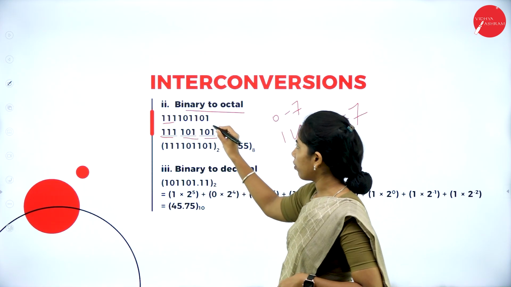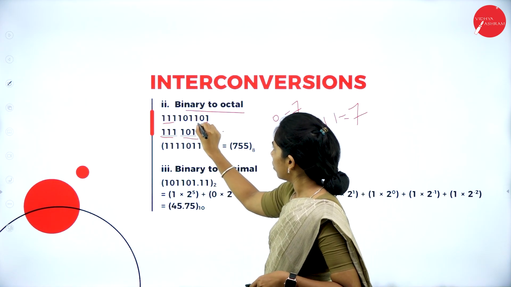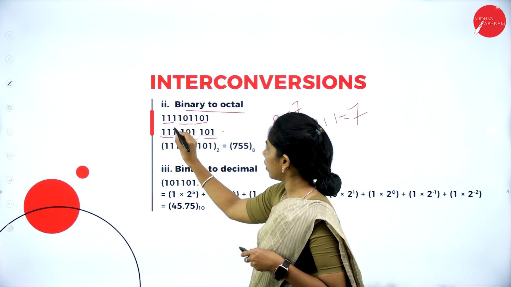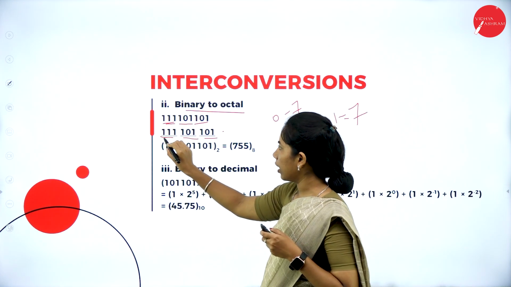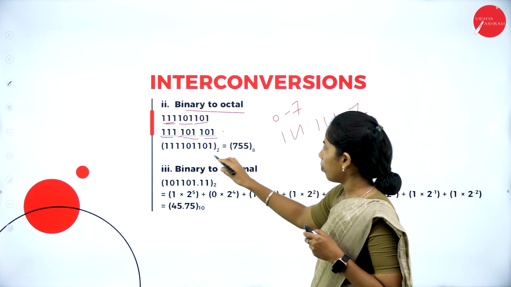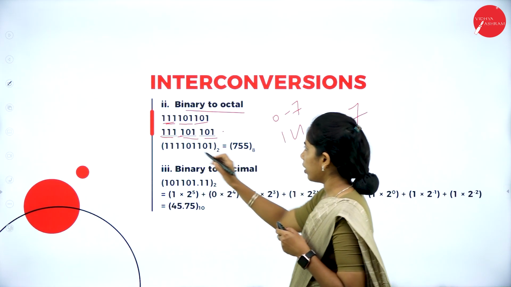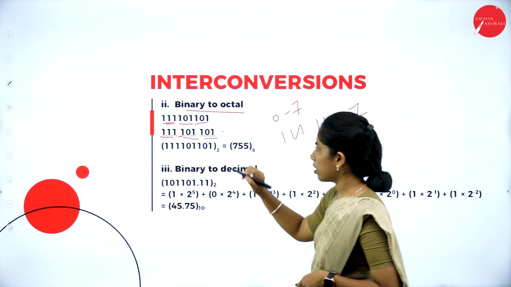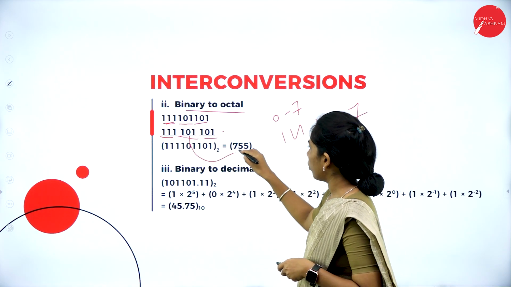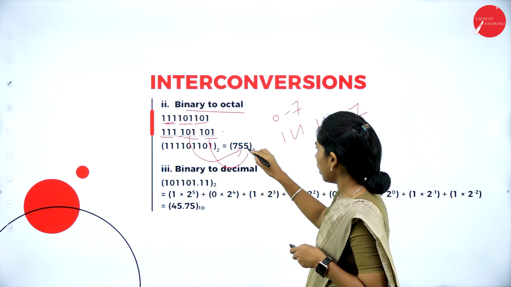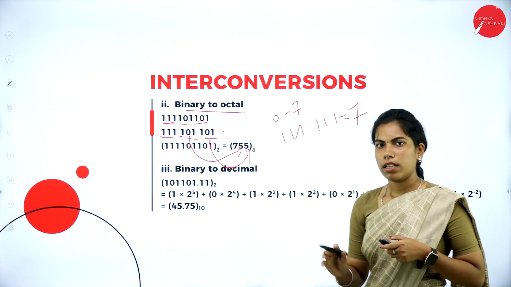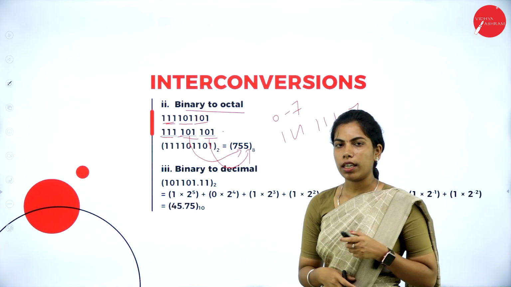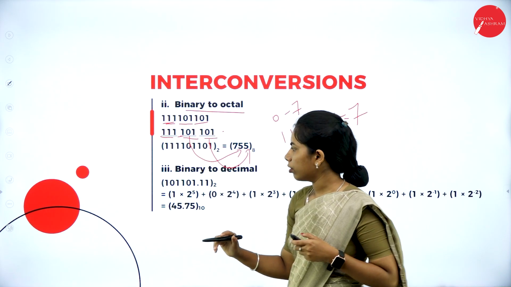From left to right I group 3 bits, then another 3 bits and the last 3 bits. When I group all these, 111 in decimal is 7, 101 is 5, and again 101 is 5, with the base value 8. This is how you have to convert binary to octal.